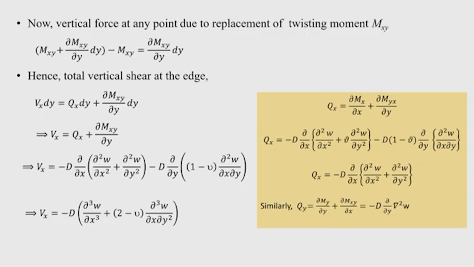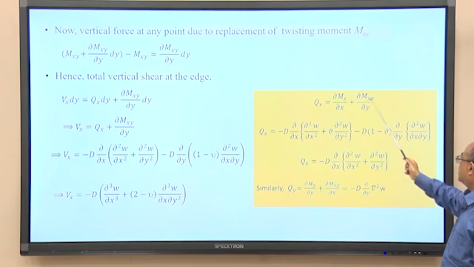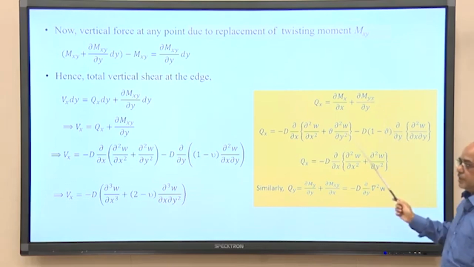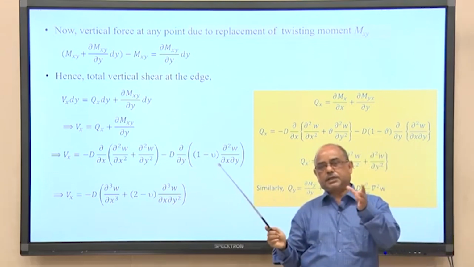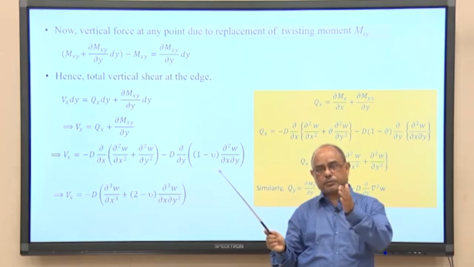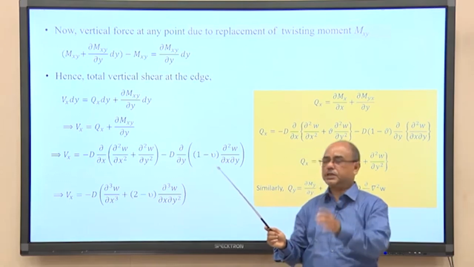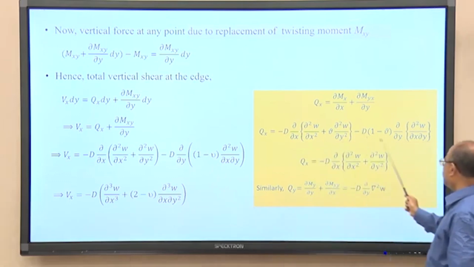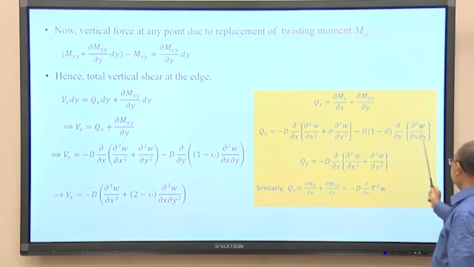So, the first derivative of bending moment is taken and then the first derivative of twisting moment is taken. With the twisting moment expression, that is the twisting curvature del square w by del x del y, you know that a term D into 1 minus nu is associated. So, minus D 1 minus nu is there and the derivative of the twisting curvature is taken with respect to y.